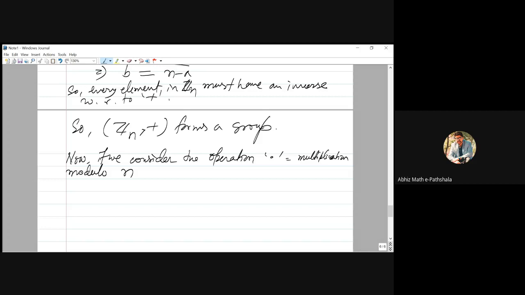Now it is clear to you that with respect to multiplication, Zn dot is a monoid.